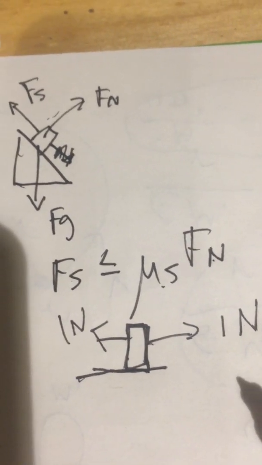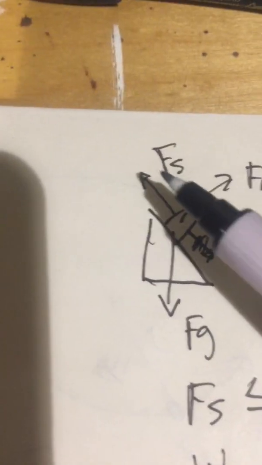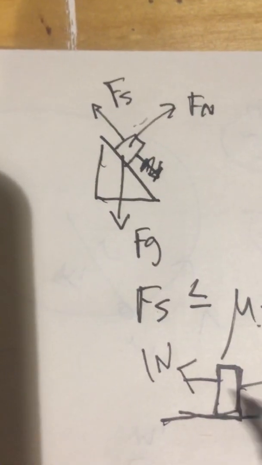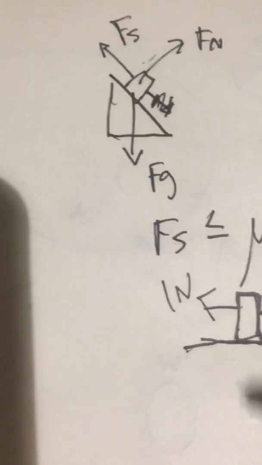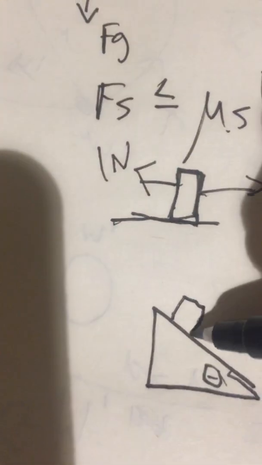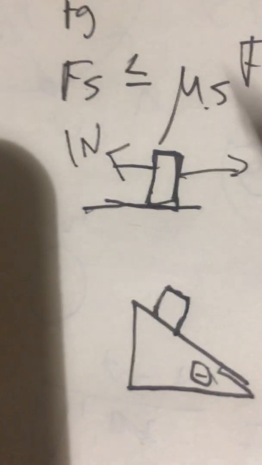So you're not going to have a static friction causing the object to accelerate up the ramp. That just wouldn't make sense. Static friction is limited by the size of the force acting on the object. So if you have an object on a ramp, let's say the ramp has an angle theta here, and the object is not sliding, static friction is going to be equal to Fgx. It's not going to be equal to mu s Fn.